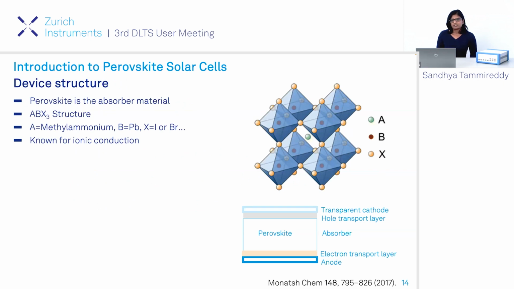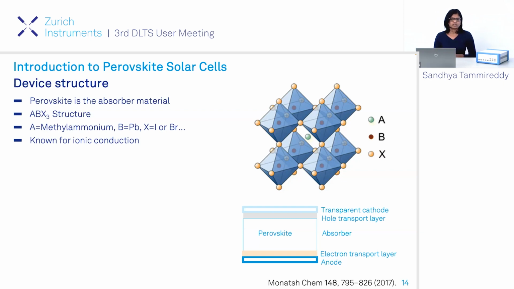In a solar cell, you need an absorber material which generates charge carriers upon shining light, and you should be able to extract these charge carriers as fast as possible in order to generate electricity at the end. In perovskite solar cells, the perovskite material itself acts as an absorber material, and it's known for very good absorption.